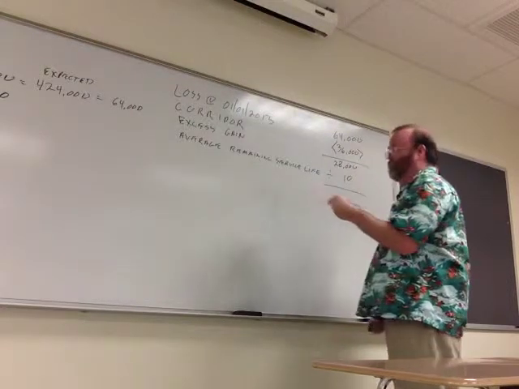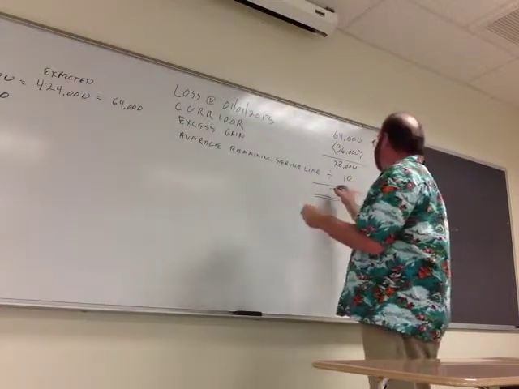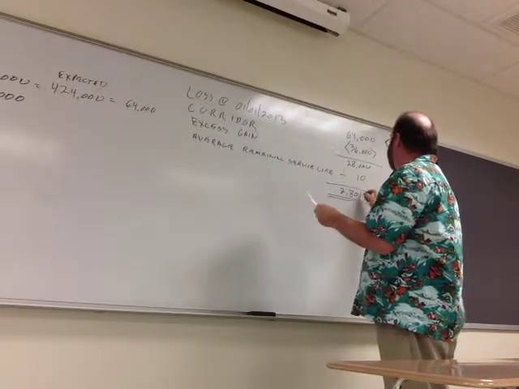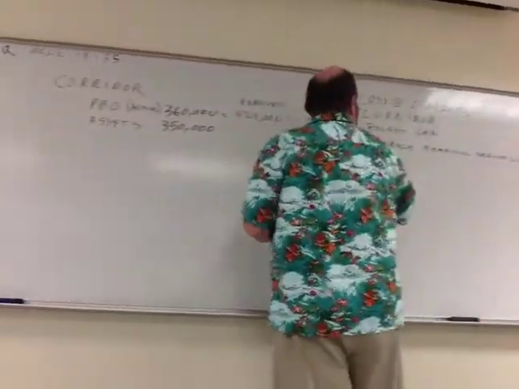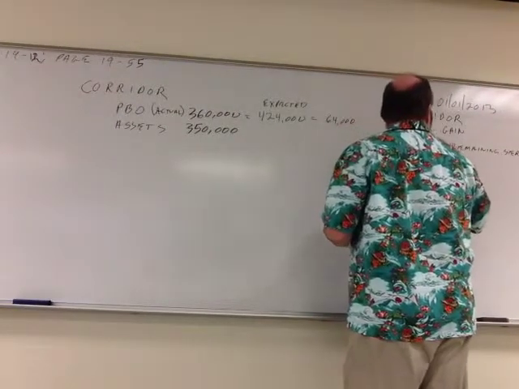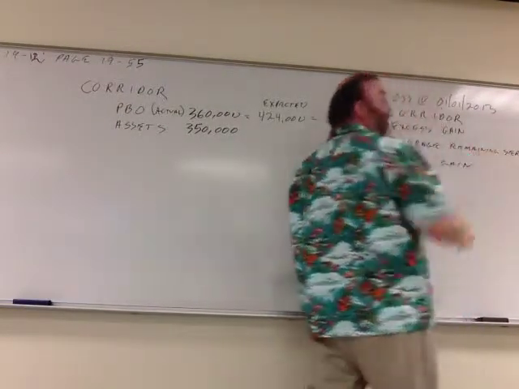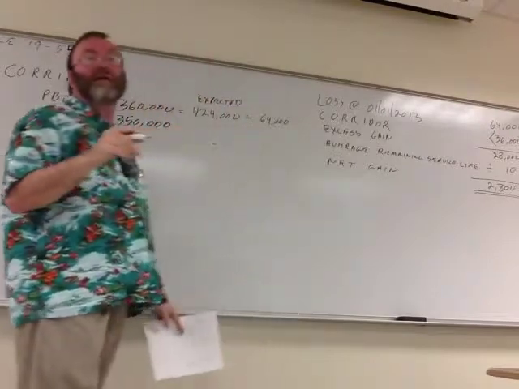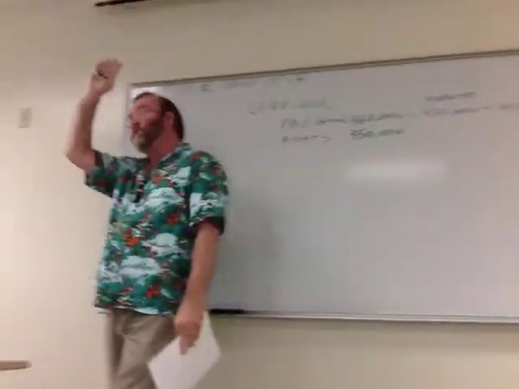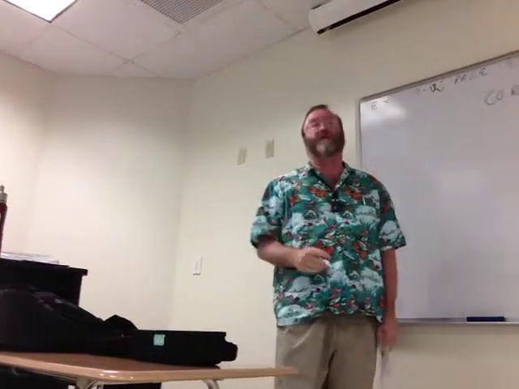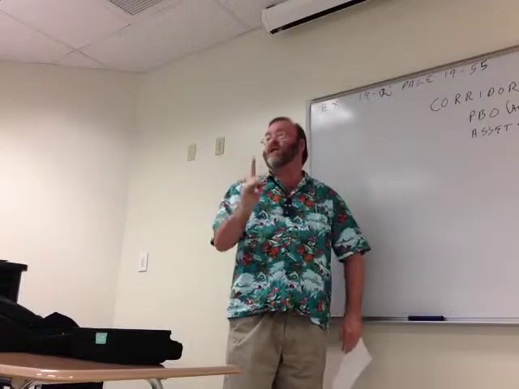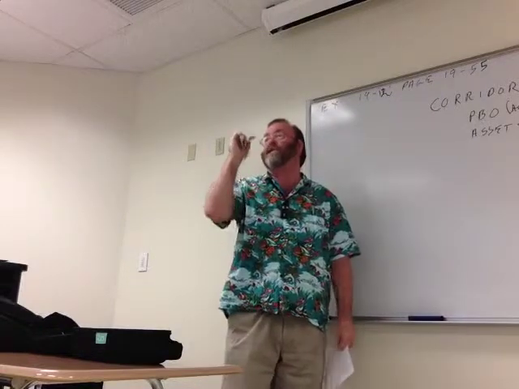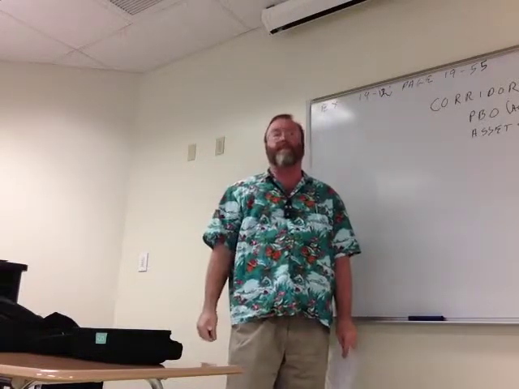Average service life of the remaining employees is 10 years. 2,800 is the net gain. And we would then deduct that from our list of numbers to calculate the current year's pension expense. All right? Losses increase pension expense, whereas gains will decrease it.